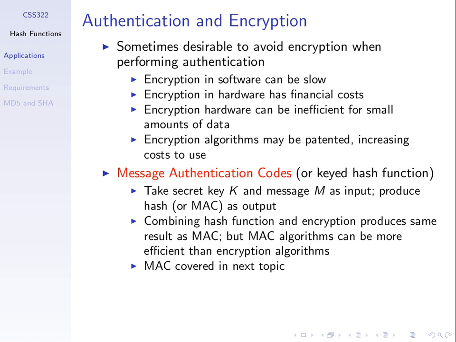A MAC function, a message authentication code function, takes some input as well as a key and produces some MAC code, similar to our hash value, as an output. And we can use it in a similar way to provide authentication. The next topic covers MAC functions in more detail. There are similarities to hash functions. We'll cover that shortly.